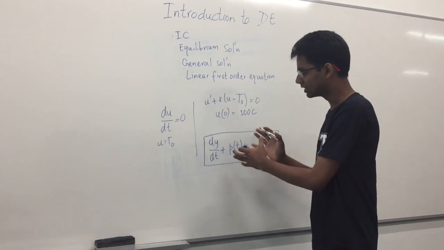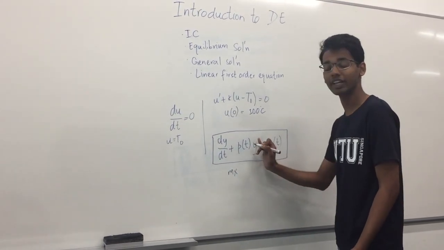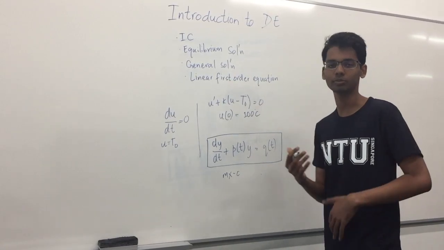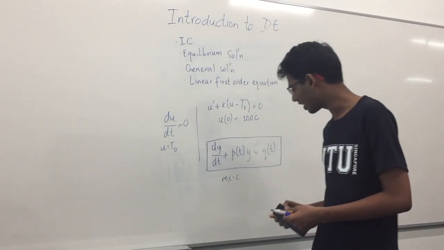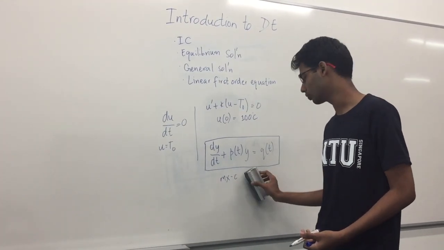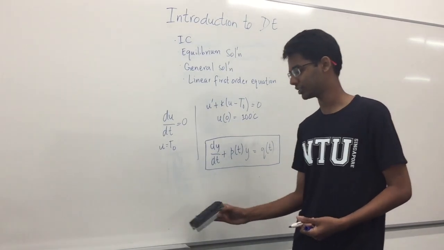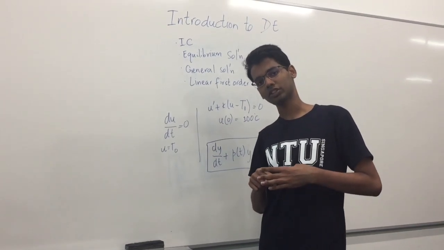You can see it's of the form mx plus or minus c when you take this to the other side. So this is of a linear form. If you have something that's not of this form, like mx square minus c, you say that's a non-linear equation. In simple words, anything that is not this is going to be a non-linear differential equation.